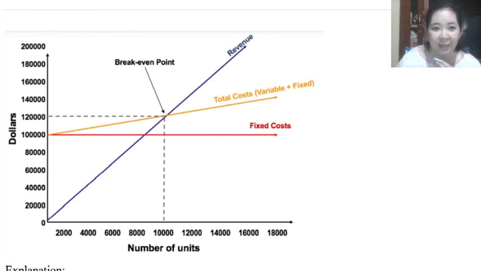In terms of dollars, that's equal to 120,000, and in terms of number of units, this is equal to 10,000 units. This is just the same as what we computed for the break-even point in units and break-even point in revenues. We just graphically presented it in this graph.